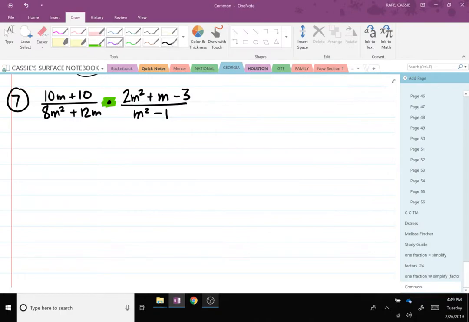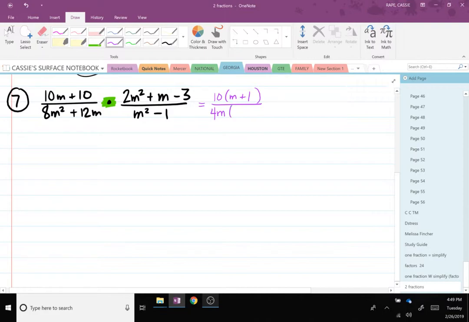So looking at the first number right here, I'm just going to rewrite 10m plus 10. If I factor a 10 out of that binomial, I end up with m plus 1 over 8m squared plus 12m. I do know that 8 and 12 both share a 4 as a common factor, and they also each have at least one m.